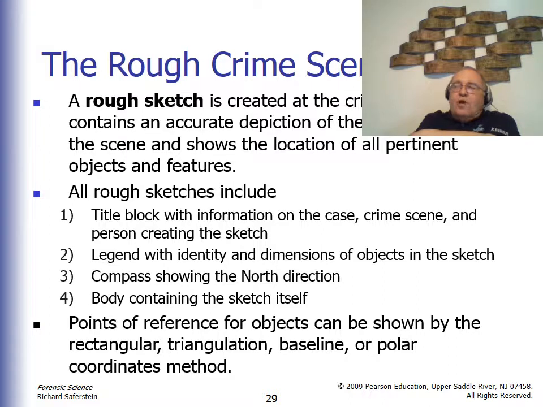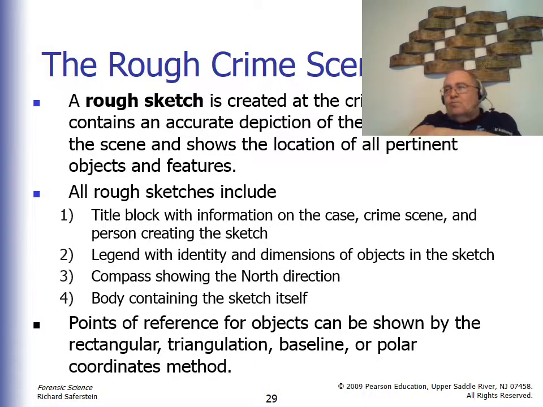Other than triangulation, there are other ways to do measurements. One is using a baseline, which is having a straight line for a distance and then measuring the distance of each item of evidence to that baseline.